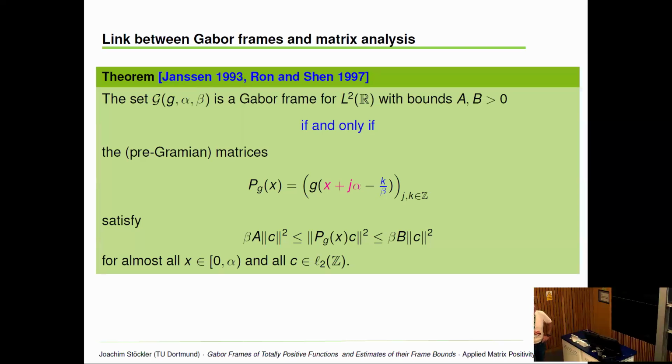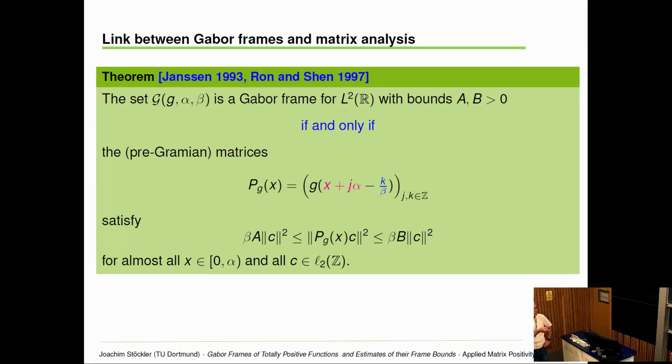In the previous talks, we have seen the Ron-Shen matrix, which is again written down here. Given these parameters alpha, beta, and the function g, many properties, I wouldn't say all, but all properties of this Gabor family can be expressed in terms of this matrix.